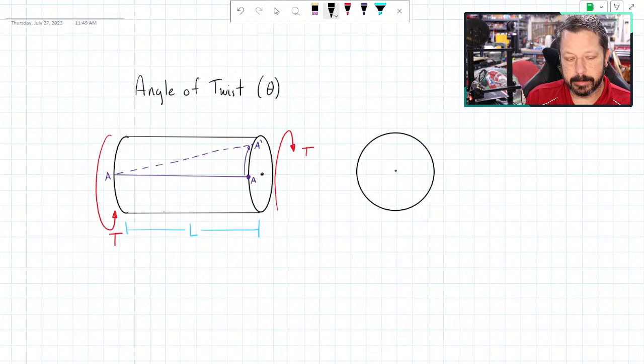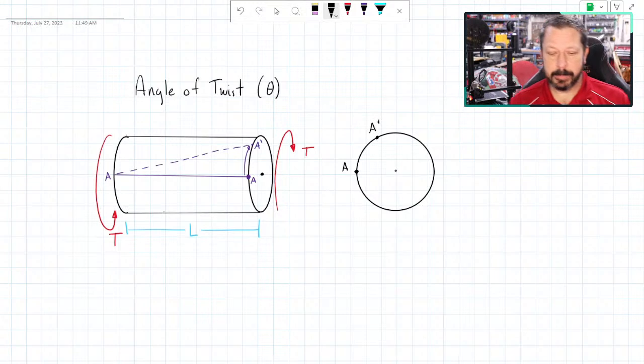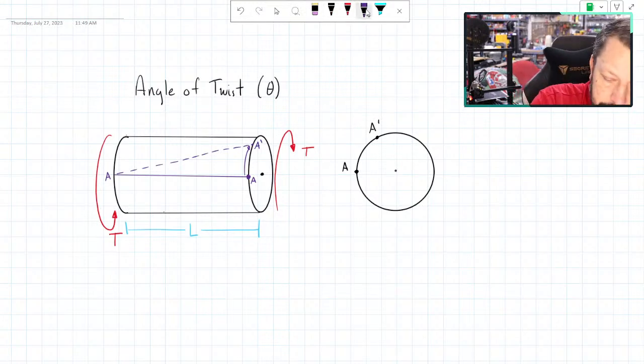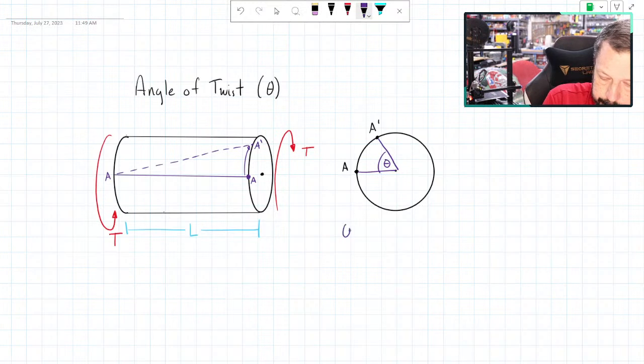Now we're looking at an end view of it. And here would have been point A to start with, and then maybe over here is where A prime ended up. So our angle of twist is this angle right there. So theta is what we're calling the angle of twist.